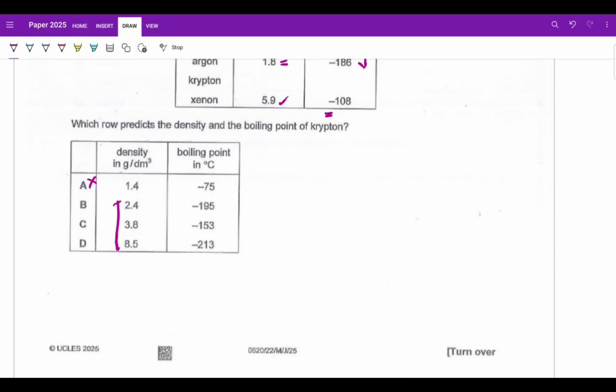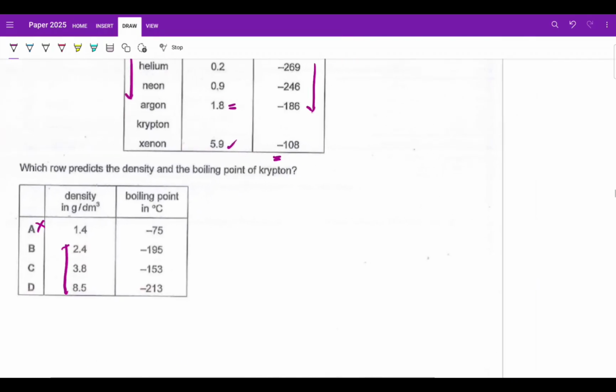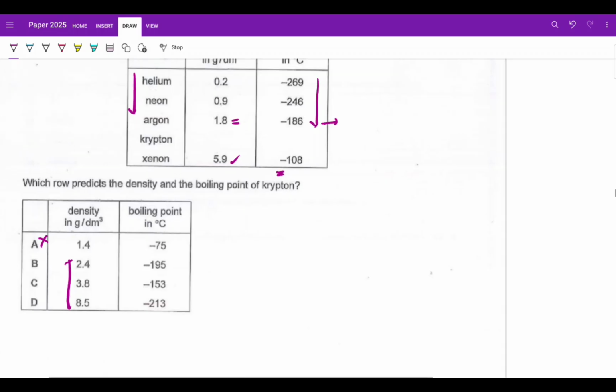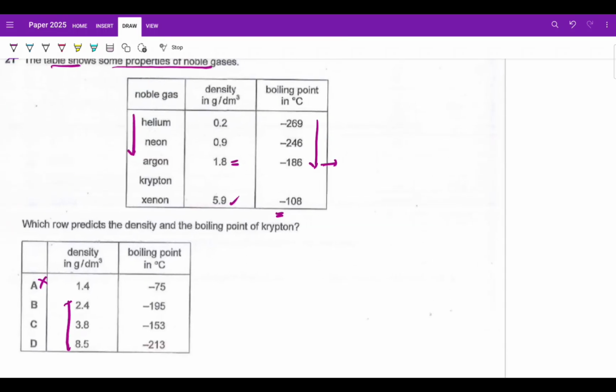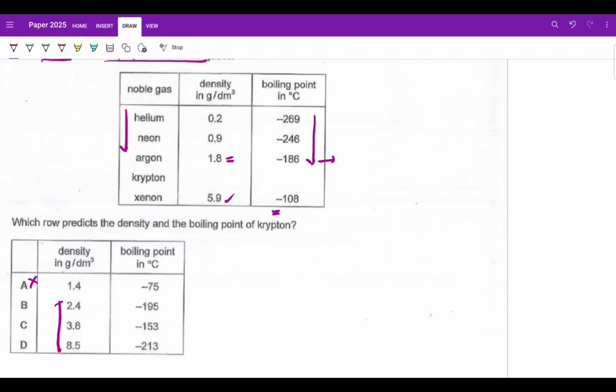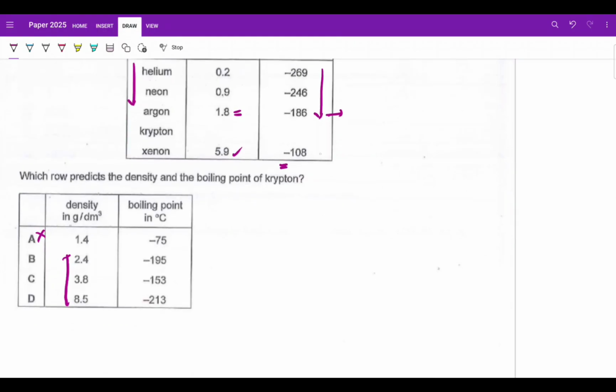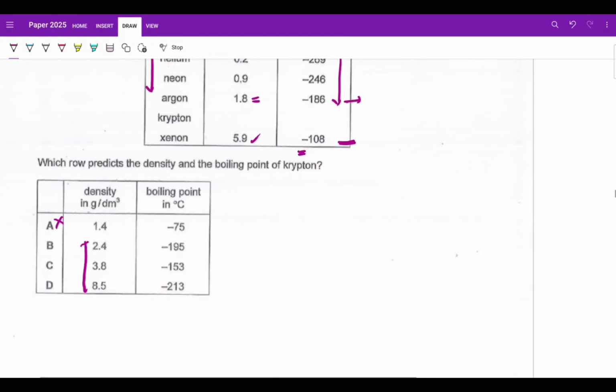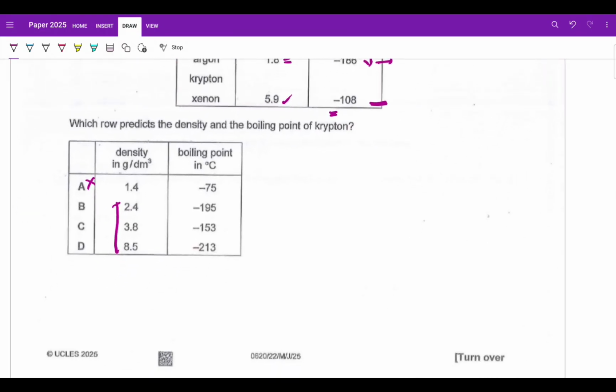A will not be the option. Next, I have to look for a boiling point which is higher than minus 186 and lower than minus 108.